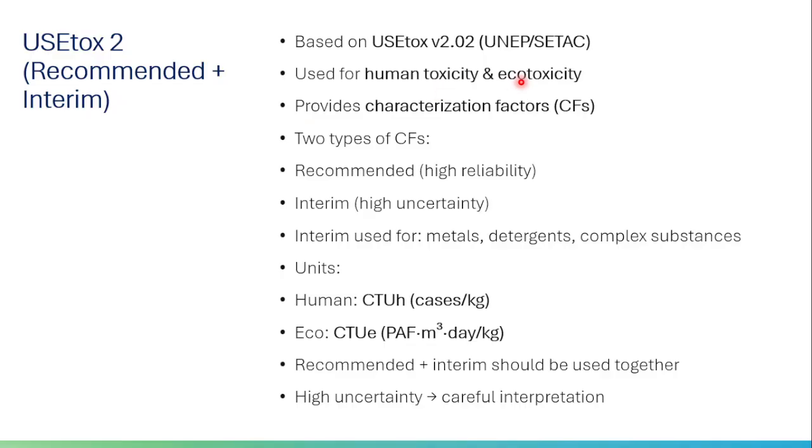It provides characterization factors, CFs, in two types. One is the recommended type, which is more reliable, and the other is the interim type, which has a higher uncertainty. The interim factors are mainly used for complex substances like metals and detergents.